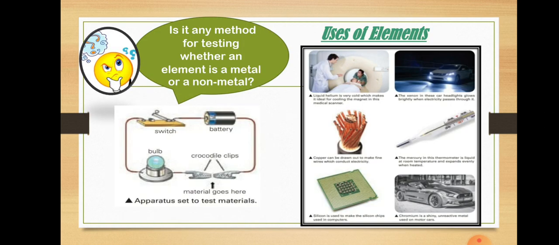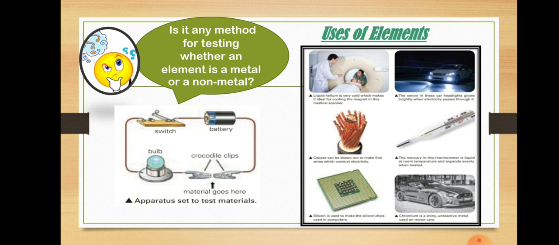So, there is a question. Is there any method for testing whether an element is a metal or non-metal? Think about it. Yes, there is. An easy way of checking whether an element is a metal or a non-metal is to see if it conducts electricity.